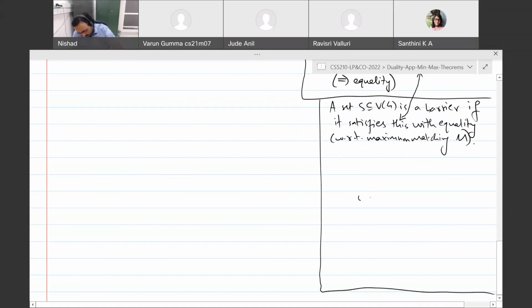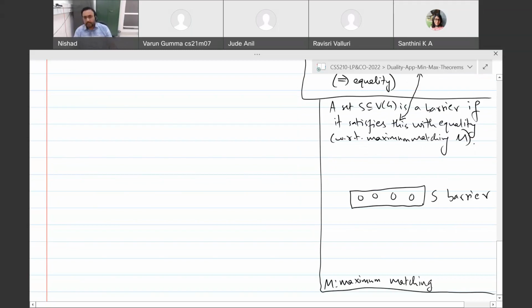So let's say this is your set S, which is a barrier, and let's say M is your maximum matching. And let's say you get some odd components. So I'll draw 6 odd components for the sake of example, and 5 even components, which don't really matter.